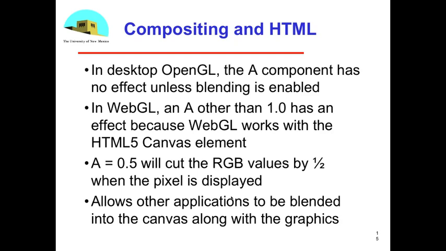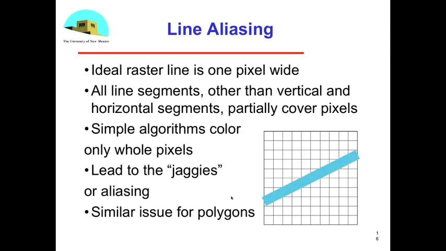Now let me finish by just saying a few things about aliasing, because it's going to come up in a variety of ways. It's something that blending still can be used to ameliorate. So let's start with this idea: what would be an ideal raster line?